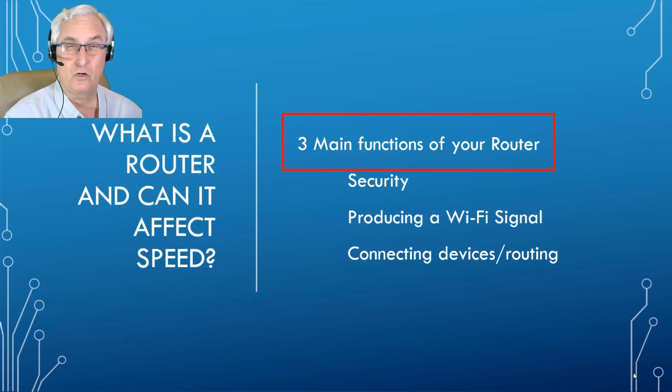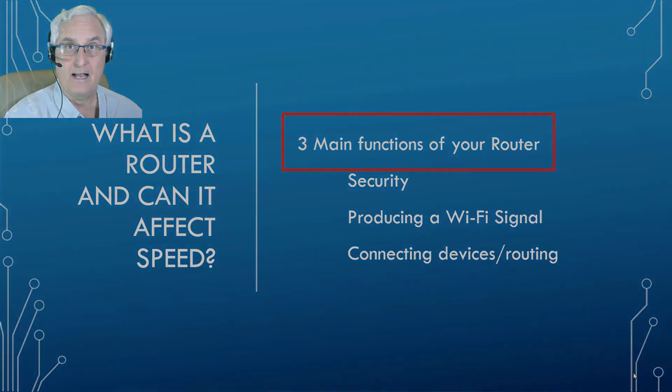That is why it's so important that you keep the software or firmware updated. The second function of a router is producing a Wi-Fi signal, and that's probably what most of you associate it with. And the third thing, of course, is routing or connecting all your peripheral devices and Internet of Things. It assigns a specific ID number.